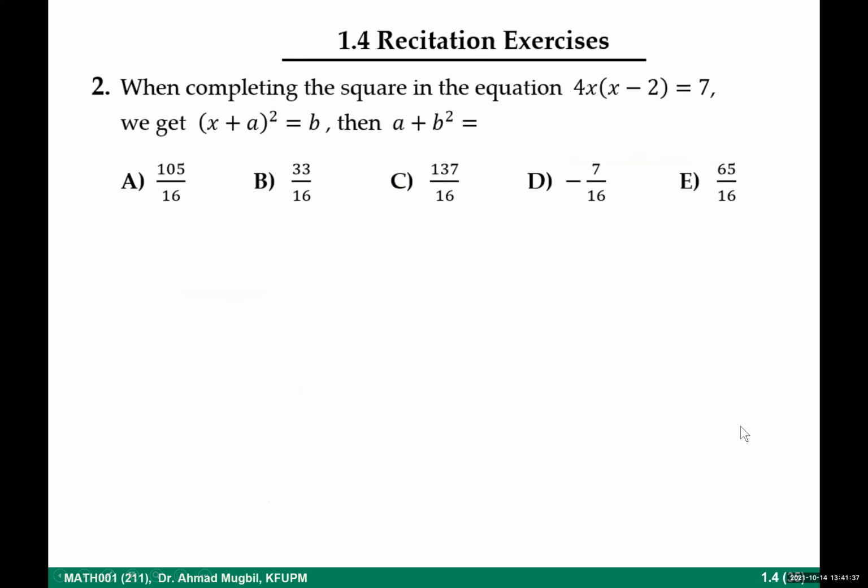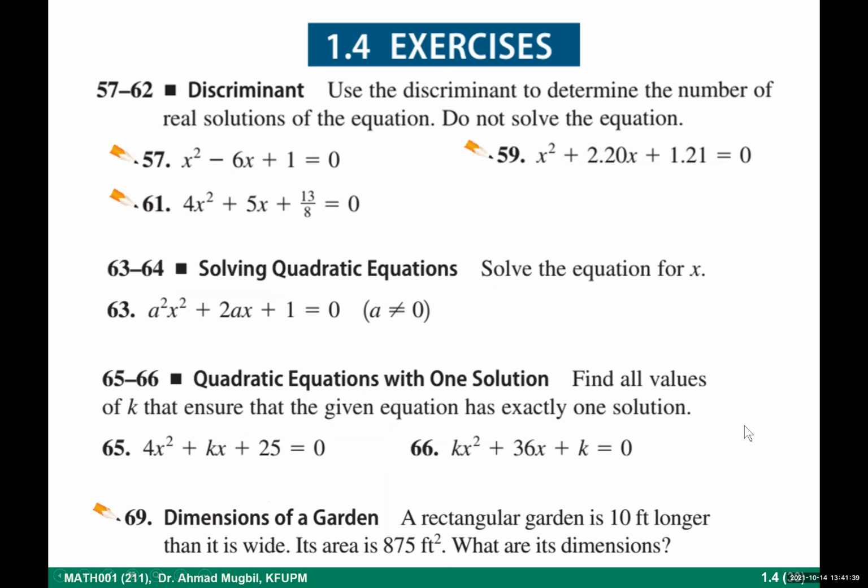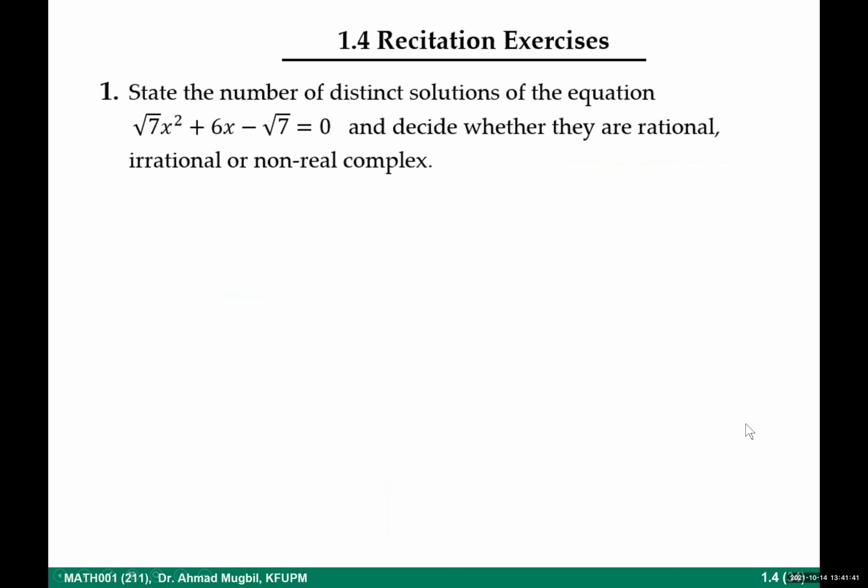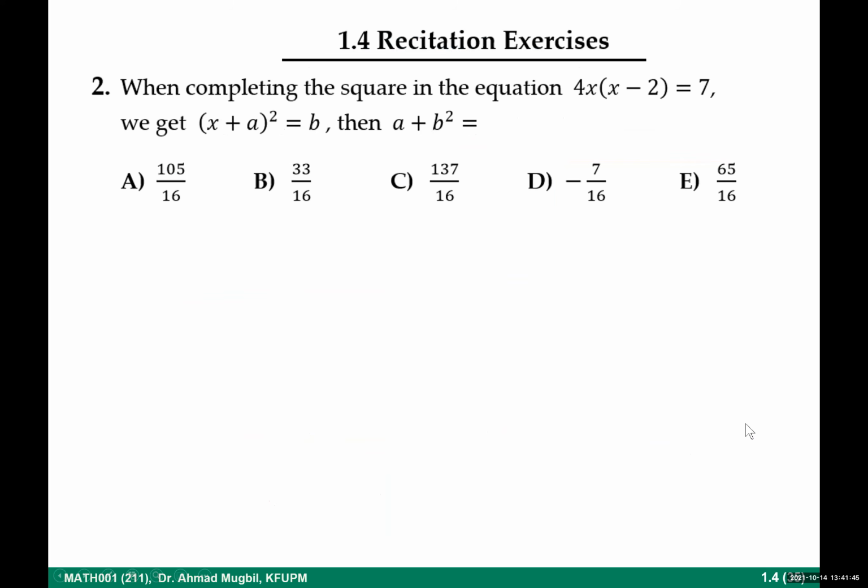Great. Let's go back, guys, to this question. Let's solve this. I told you before that to solve a quadratic equation, use what first? Factoring. If it doesn't work, you can go to the quadratic formula. But in some questions, you have to use completing the square, like this question, even if it is not mentioned.